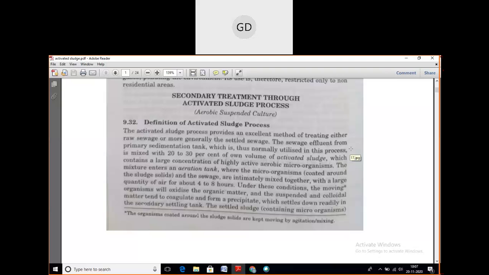Okay, so let us read it more nicely here. The effluent that we got from the primary sedimentation tank is mixed with 20 to 30% of its own volume of what? Activated sludge. This mixture enters an aeration tank. As I just told, there is one aeration tank, and the mixture of the sewage effluent and the activated sludge enters the aeration tank.